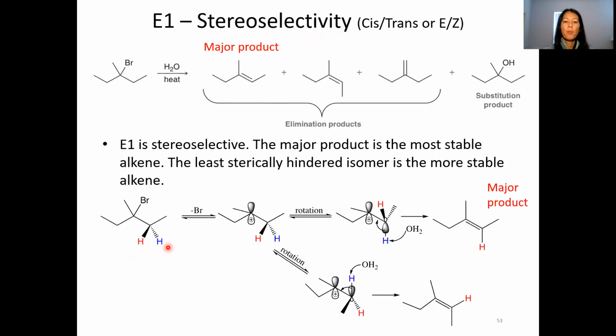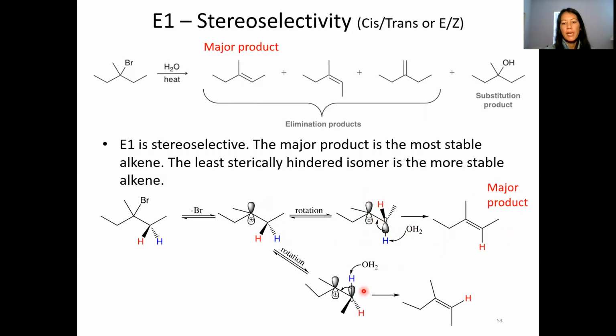And what we're going to find is to do this sort of elimination, you need to have orbitals aligned. This isn't that crucial to understand this concept, but basically you can rotate these bonds to align the H, the HC bonding orbital, to align with the empty P. And then do your deprotonation, and then your alkene forms here to give your major product.